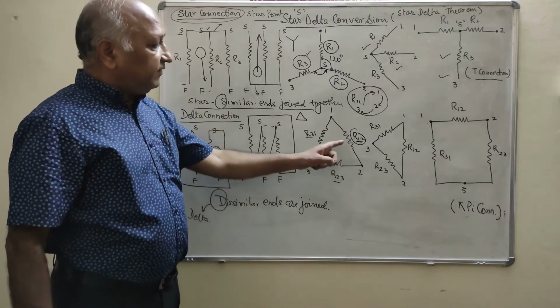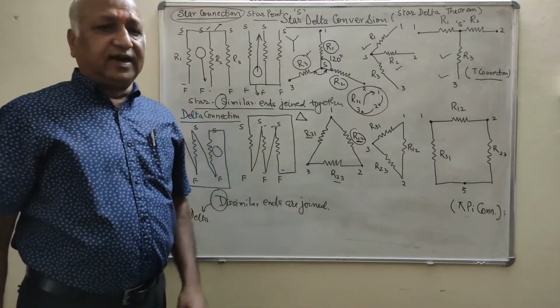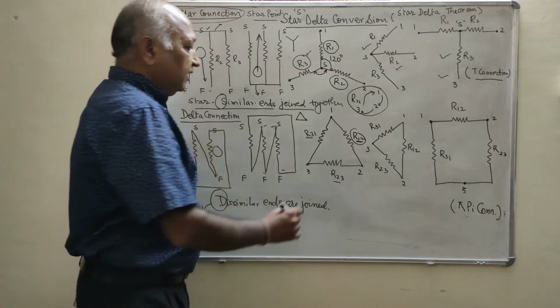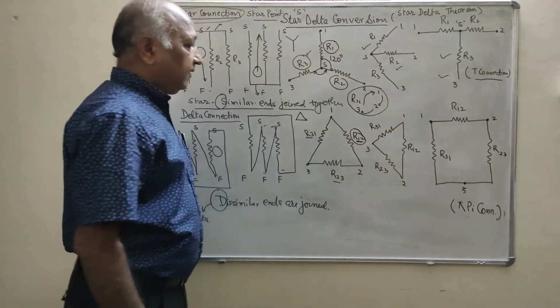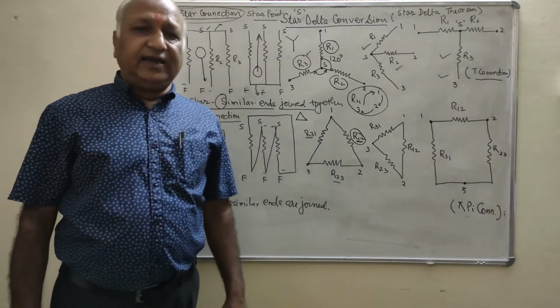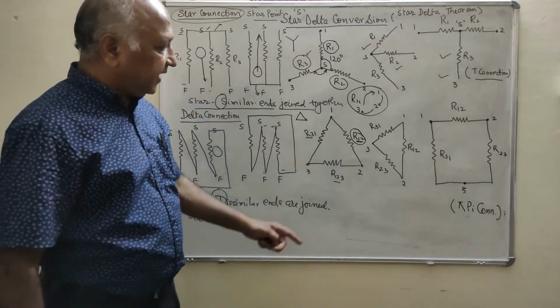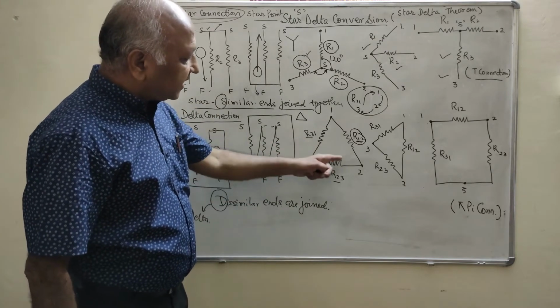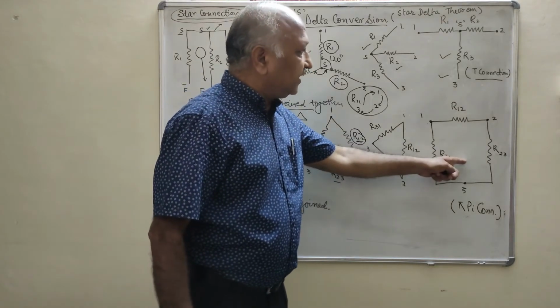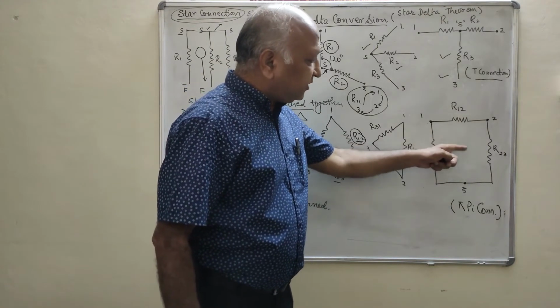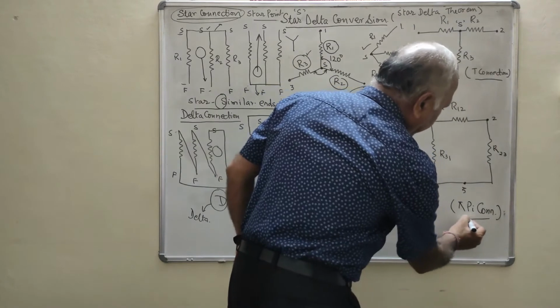You will see when we derive the star to delta conversion and the delta to star conversion, it is very easy to convert the star into delta and delta into star. This is the delta connection, this is the delta connection, and this is the delta connection. In a transmission line, it is the pi connection.